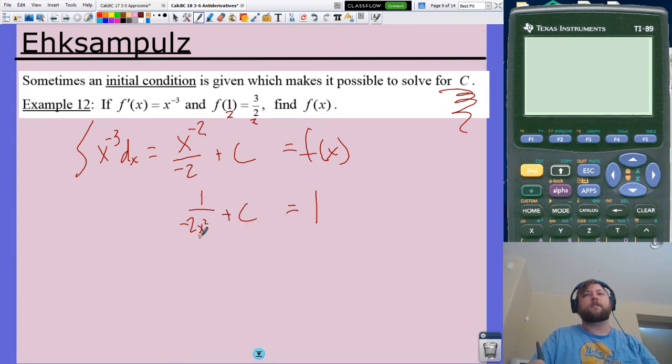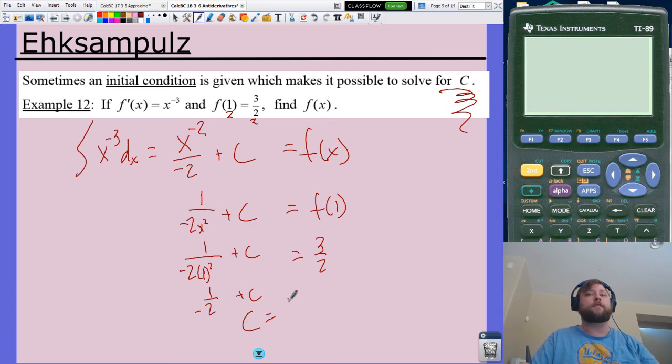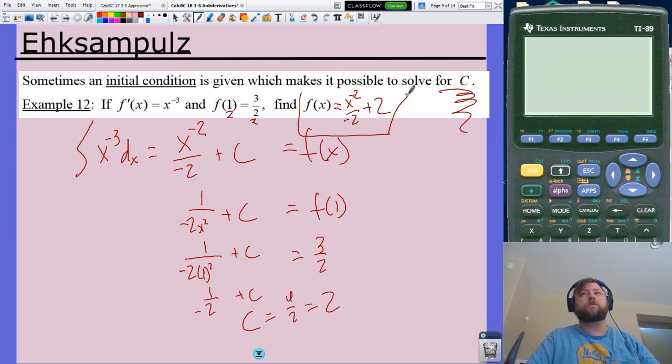And no, that's not right. f of 1 equals this, so I'm going to say 3/2 equals 1 over negative 2 times 1 squared plus c, which is negative 1/2 plus c. Adding 1/2 to both sides, I get c equals 4/2, which is 2. So I can write my final f of x as x to the negative 2 over negative 2 plus 2.